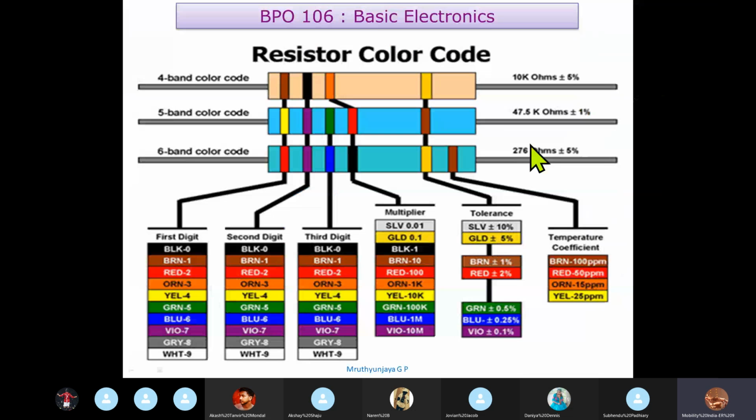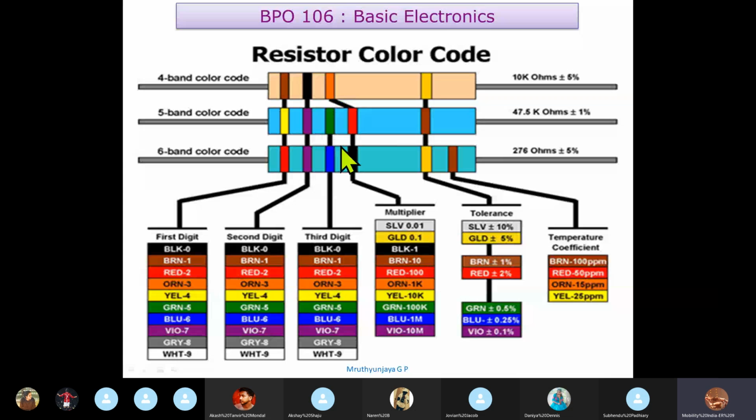In the 4-band resistor, the first band represents the first digit, the second band the second digit, and the line here represents the multiplier. In a 4-band or 5-band resistor, the last digit is the multiplier.